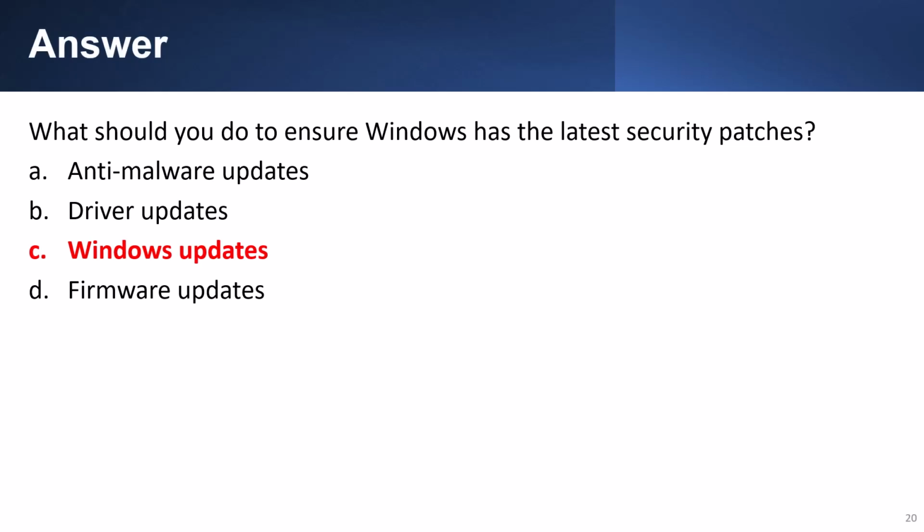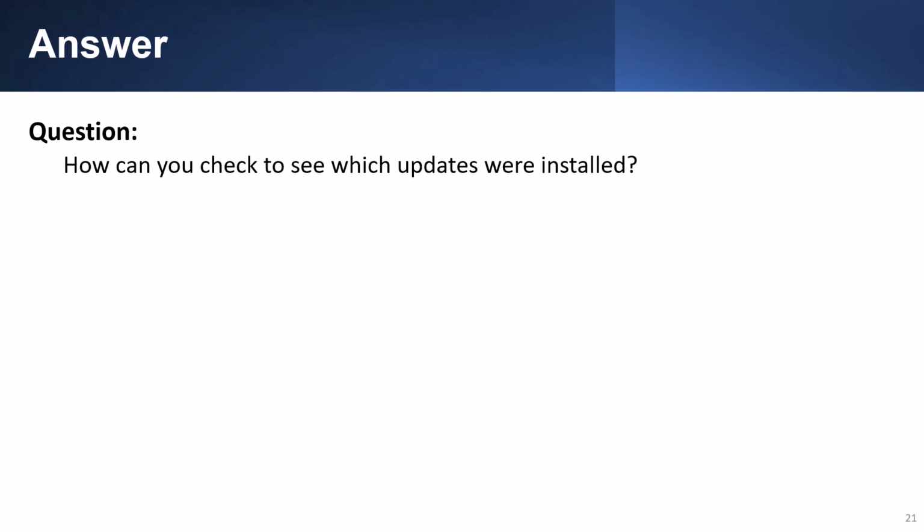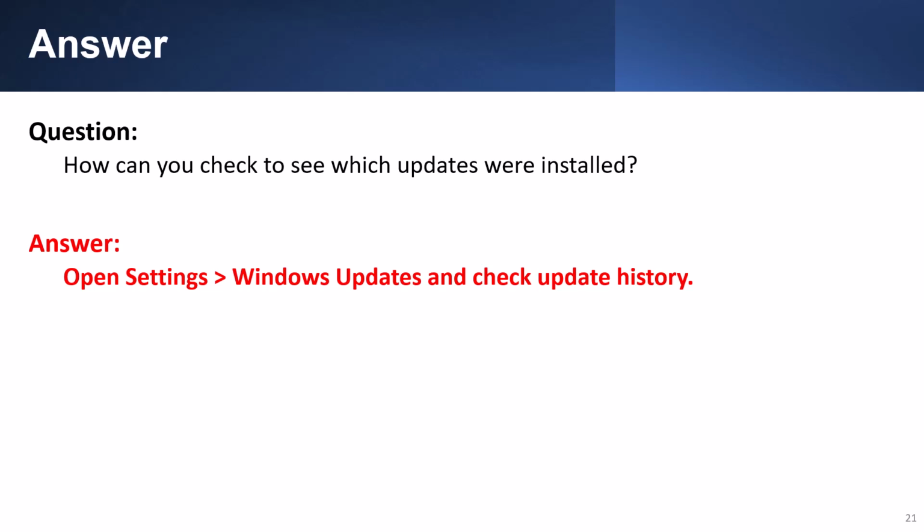Answer: Windows updates. Question: how can you check to see which updates were installed? Answer: open Settings, Windows Updates, and check update history.